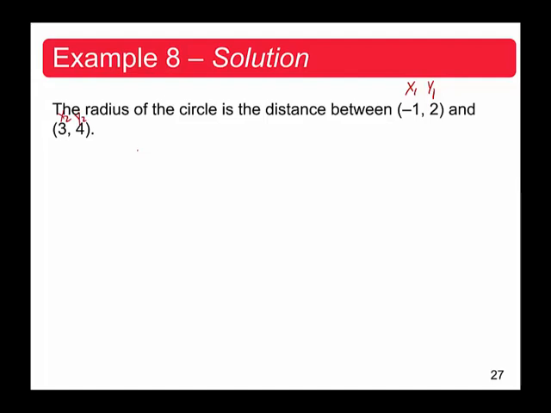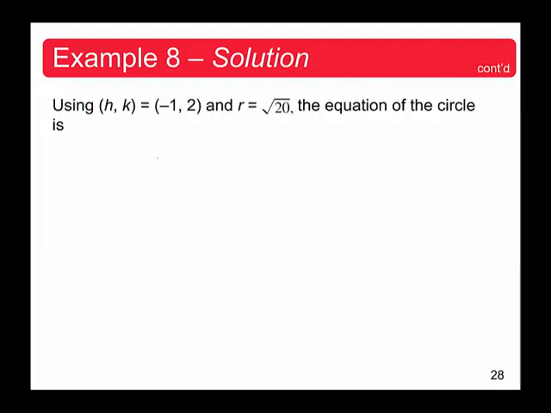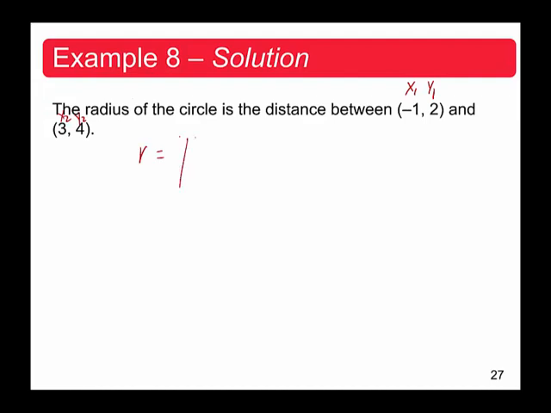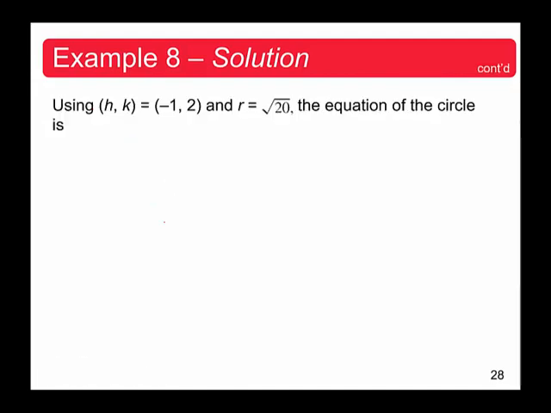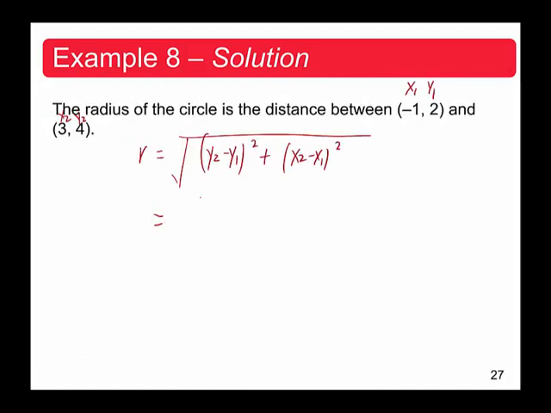So the distance, which is the radius, equals the square root of (y2 minus y1) squared plus (x2 minus x1) squared. Okay. And we can just plug in numbers here.